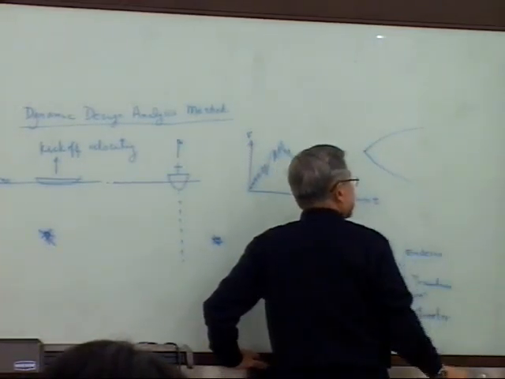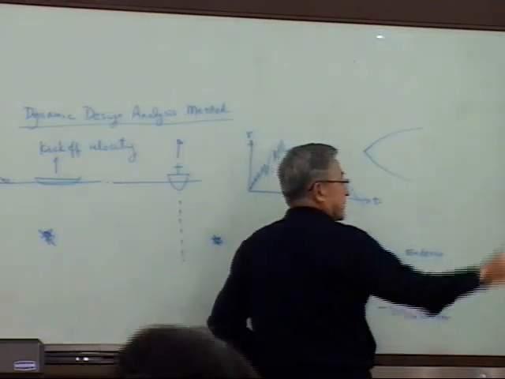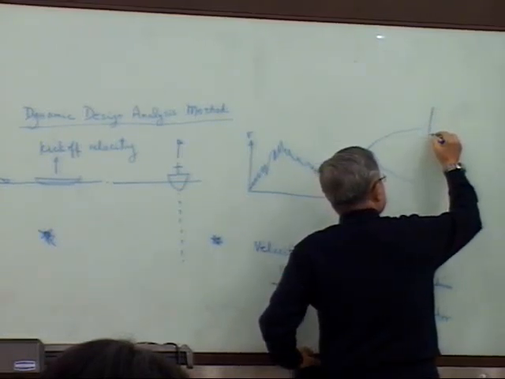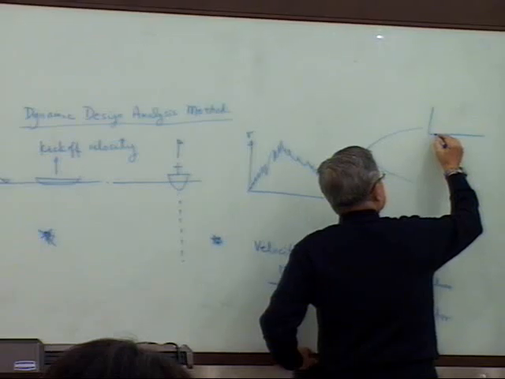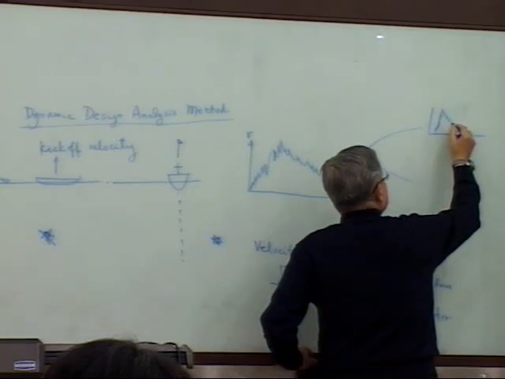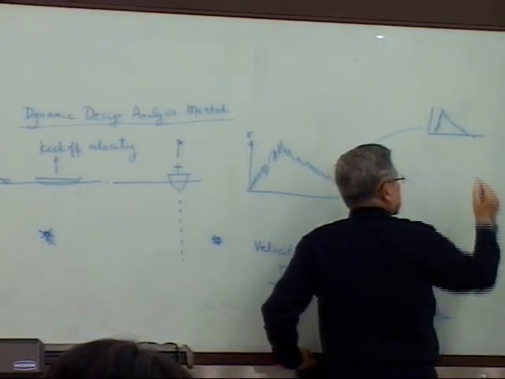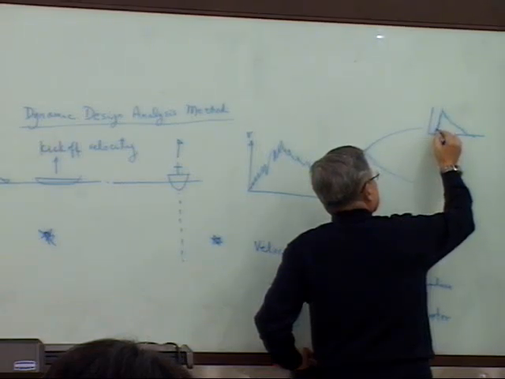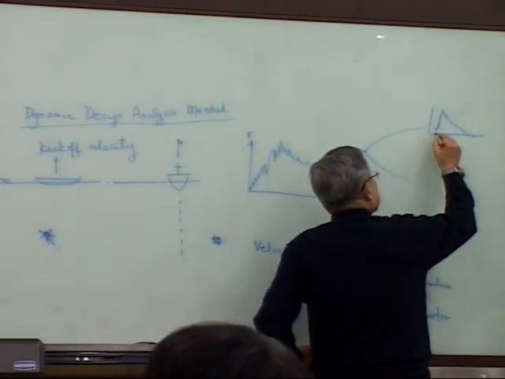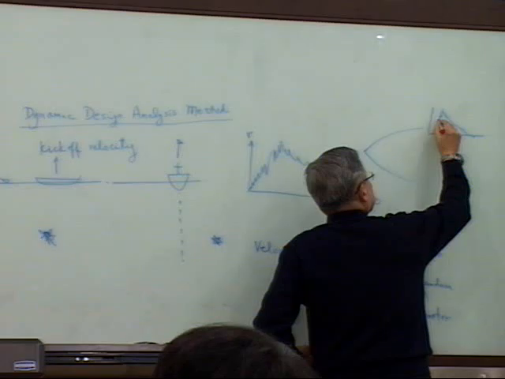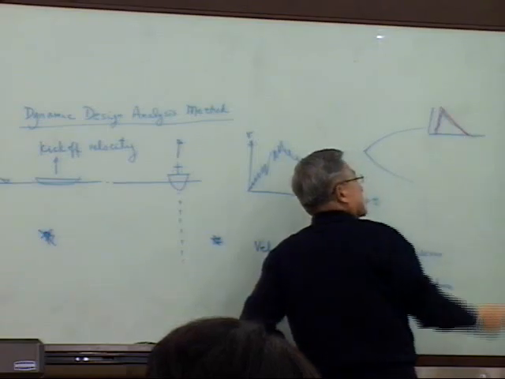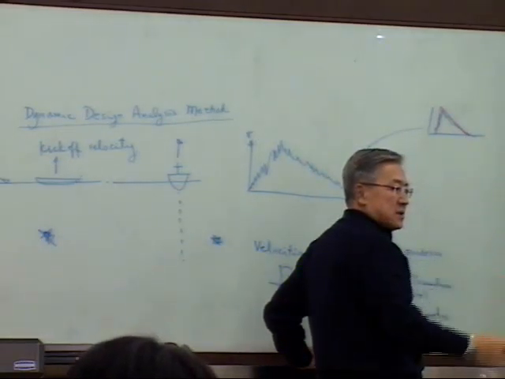If you look at the surface ship, it virtually goes straight up and decelerates, something like this. It's almost straight up. If I approximately draw the shape in a simple pattern, it's something like that, straight up and decelerate.